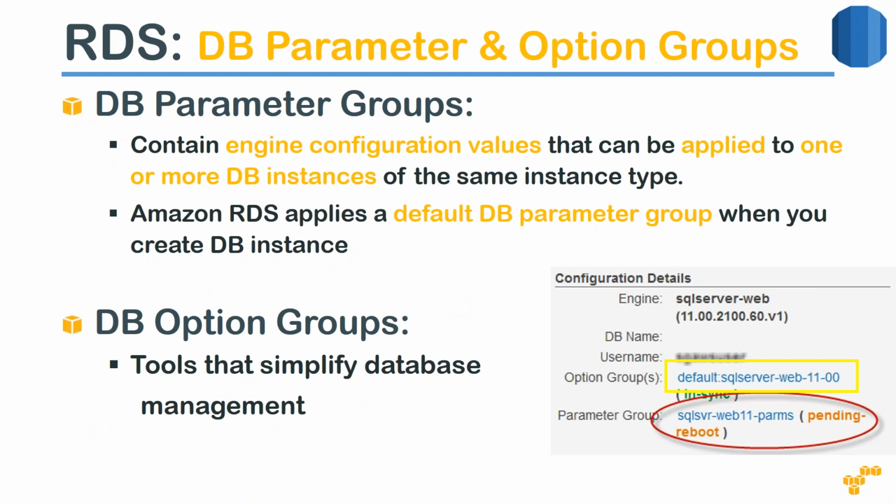So there are two more things that we need to know when you're talking about RDS. One is parameter groups and another is option groups. When you're talking about parameter groups, every database engine, whether it is MySQL or Oracle, comes with a lot of parameters to fine tune or customize it to suit your requirements. One of the best examples is time zones. If you are in the Indian region, all over the country we use IST.